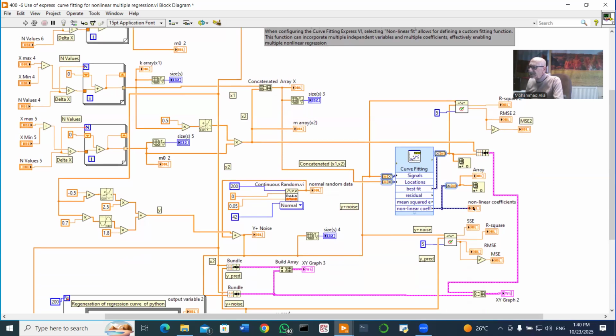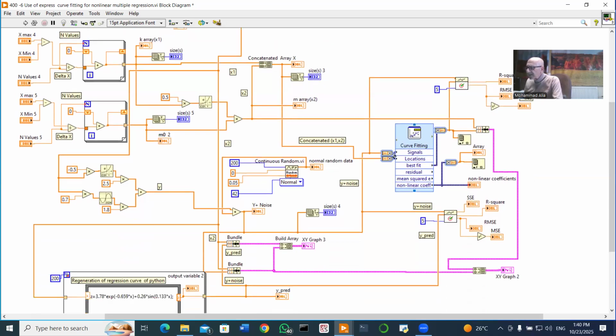Now we have to create a data set which resembles the real life values which we get when we carry out any experiment. As you remember in the previous example, I have taken the value of X, multiplied it by minus 0.5, and I found its exponent, and the output is multiplied by 2.5.